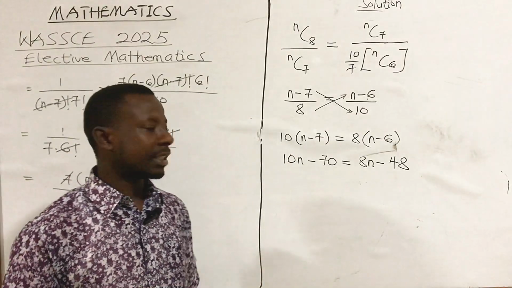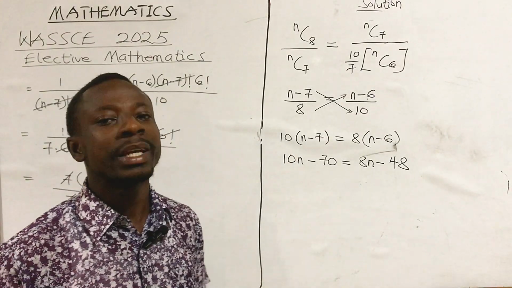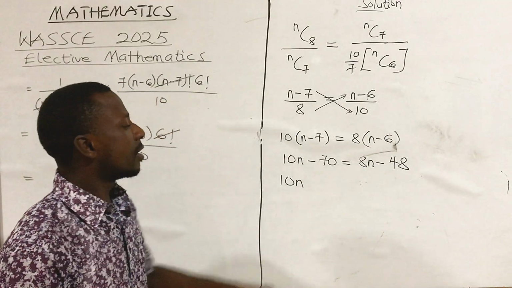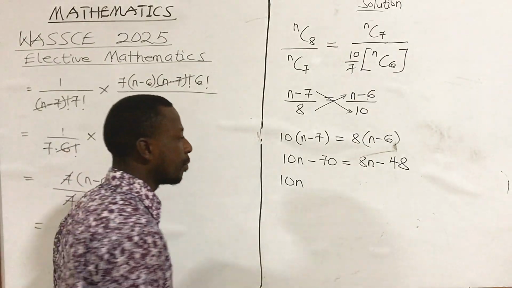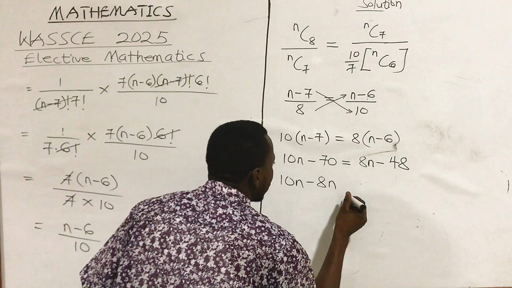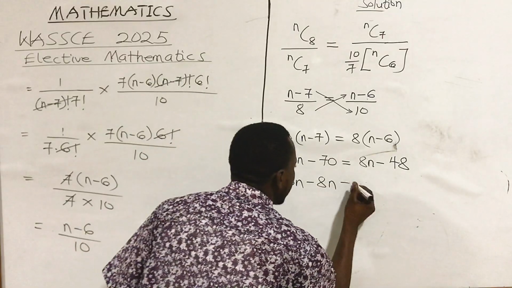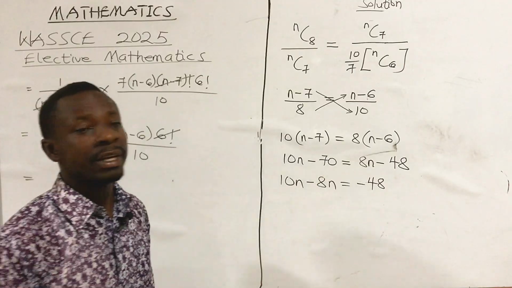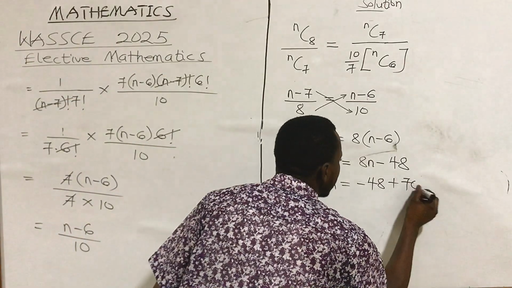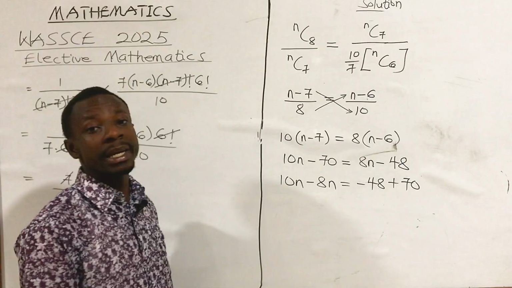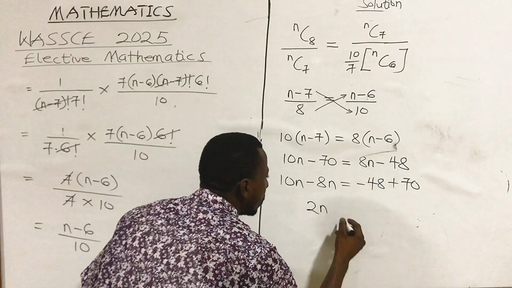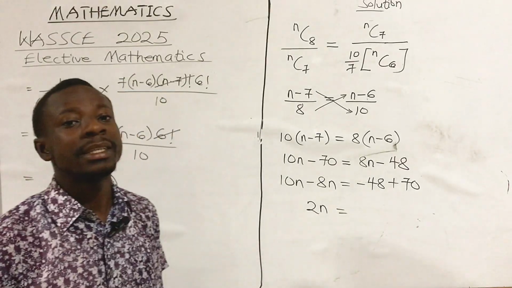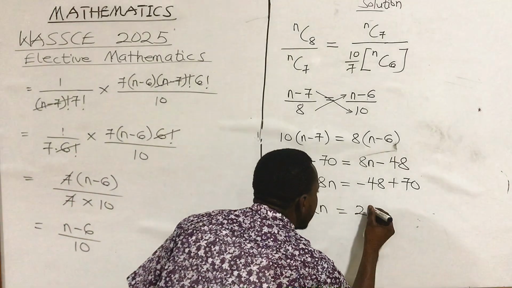So my fellow viewers, when you get here, you are going to group like terms. So we have 10n. The additive inverse of positive 8n is negative 8n, which is equal to negative 48, and the additive inverse of negative 70 is positive 70. So now 10n minus 8n, we have 2n, which is equal to, and minus 48 plus 70, we have 22.